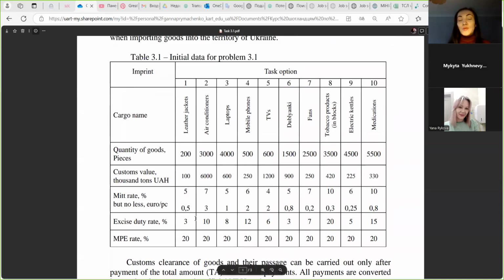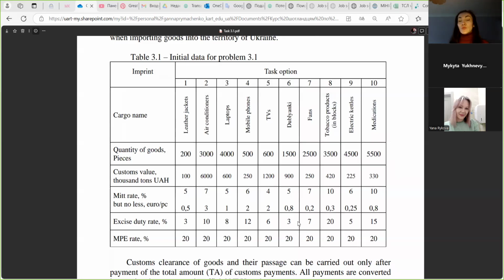For example, for the first variant, it is 3%. For the sixth variant, for example, it is the same 3%. So we multiply our customs value. For example, for the sixth variant, I will check it, yes. Customs value is 900,000 multiplied by 0.3.